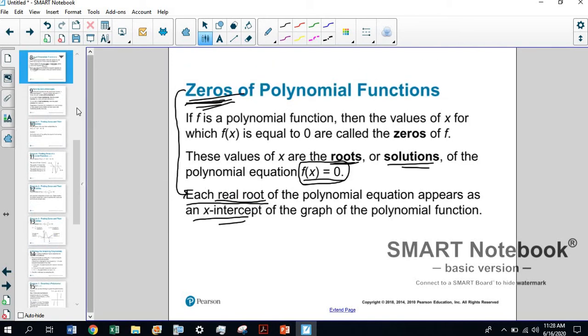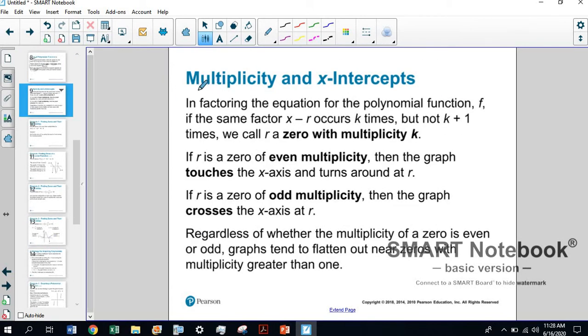Okay? So with zeros, you then have to talk about multiplicity, because when we're talking about real zeros, they represent x-intercepts, and it's possible that you can have a multiplicity of more than one. And what that means is the root gets repeated.